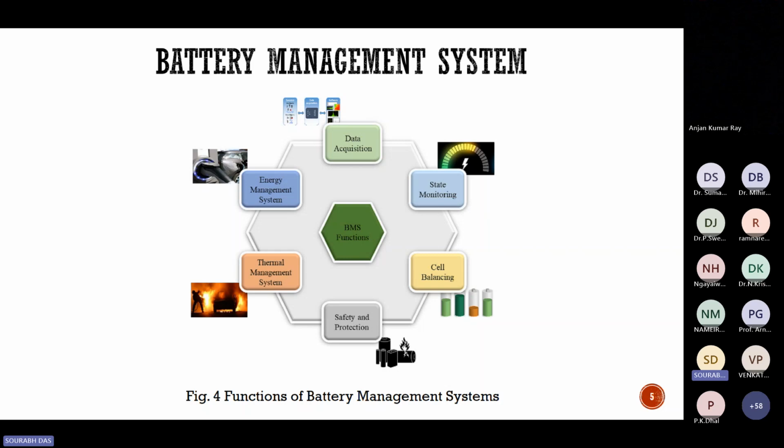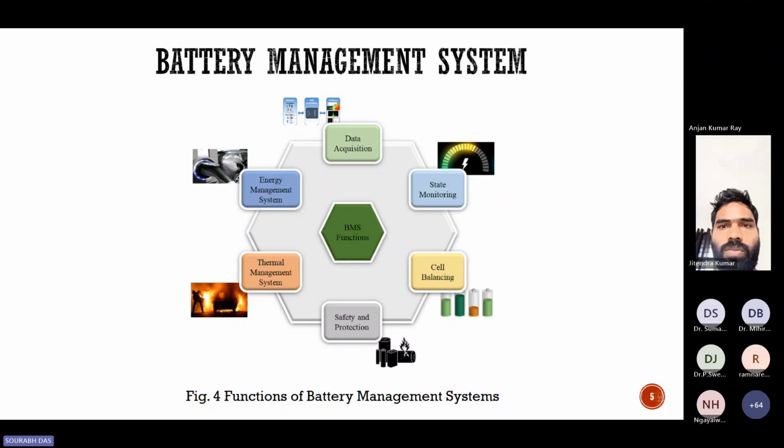And this collected data helps the battery management system monitor essential parameters like SOC, SOH, and resistance, all in real time.